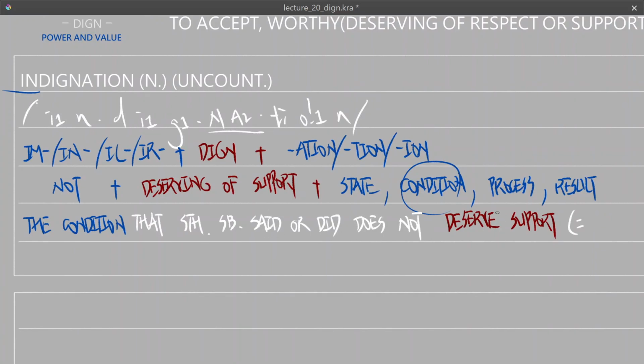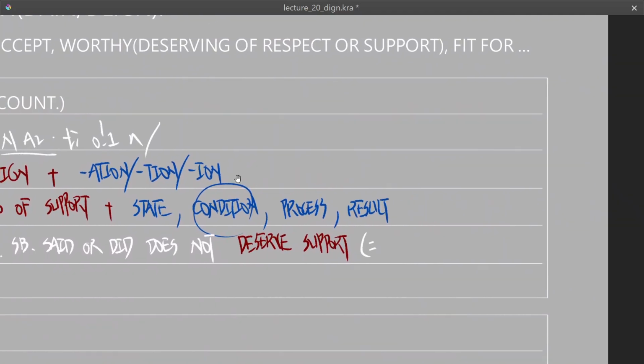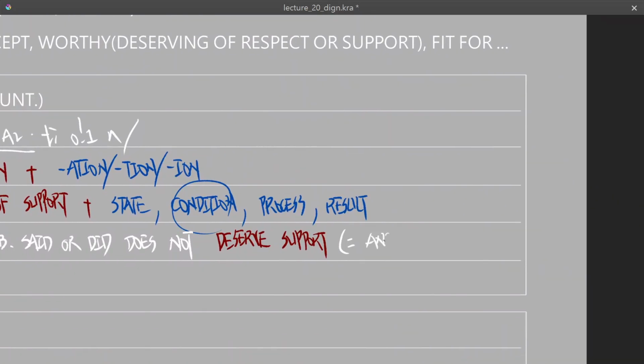So it just expresses anger and surprise about something somebody said or did.